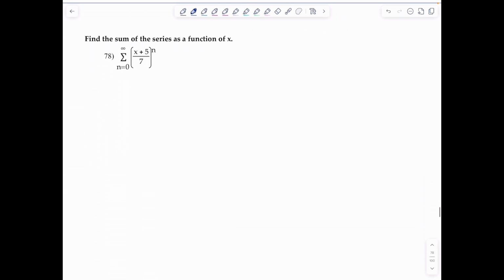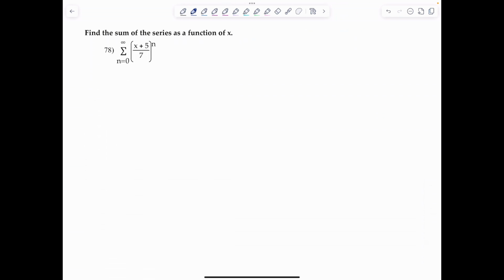Some more stuff with power series. Find the sum of the series as a function of x. We actually did problems just like this earlier in the unit looking at geometric series, and we're in the same scenario now. It's just that we have an expanded knowledge of power series.